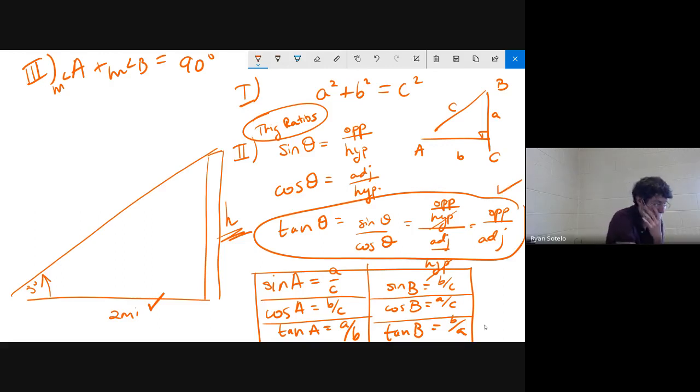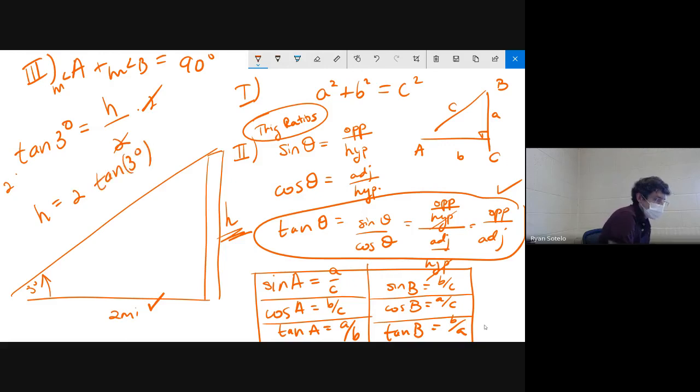So that means tangent of 3 degrees will equal the height divided by 2 for 2 miles. Now that means height is going to be equal to 2 if I multiply 2 on both sides. Height is going to be 2 times whatever the tangent of 3 degrees is.